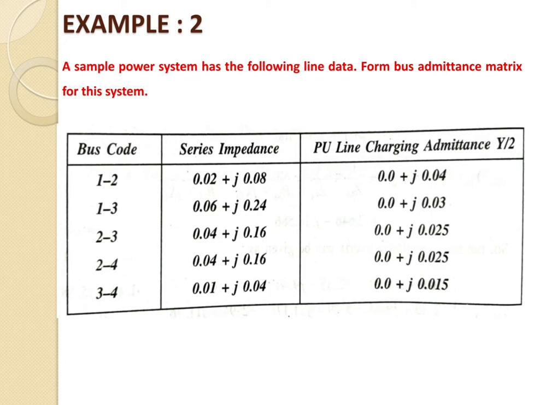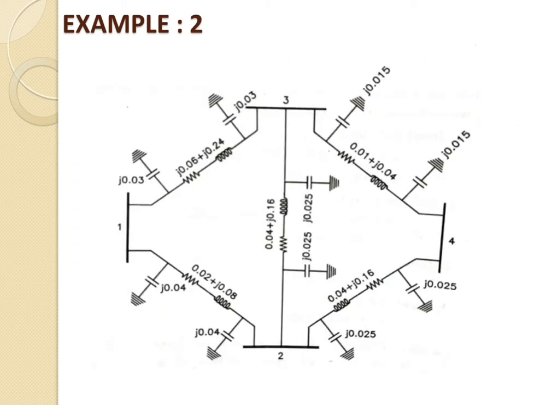A sample power system has the following line data. Form the bus admittance matrix for this system. The table has 3 columns: first the bus code, then series impedance, then per unit line charging admittance Y by 2. So this is the table for the individual lines, with the values of series impedance and line charging admittance given over here. This is the actual network.